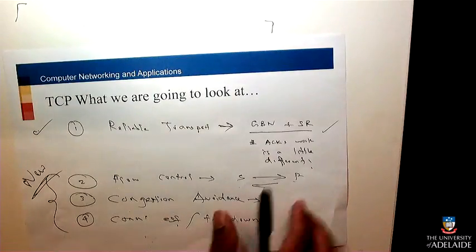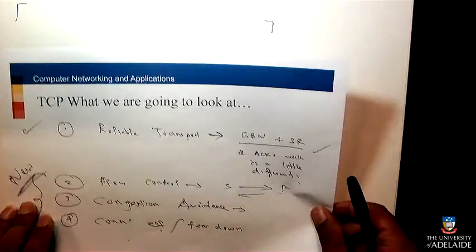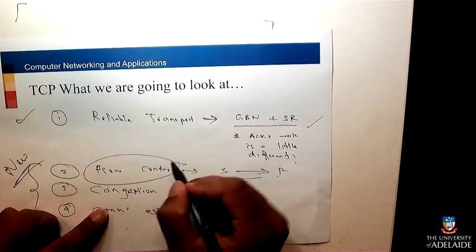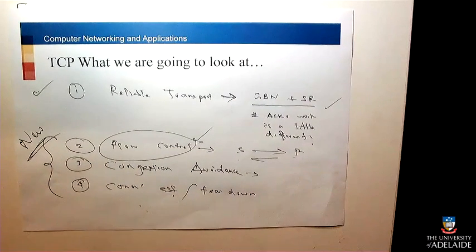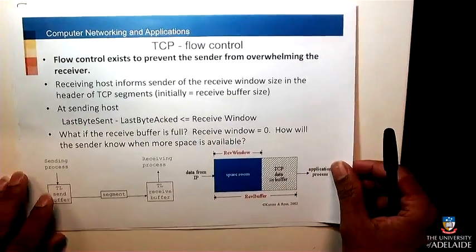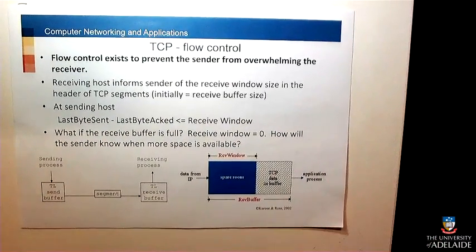The other thing that we talked about that TCP does is flow control. Okay. So why is flow control important? Because you don't want the sender to overwhelm the receiver, right? So how does it do that? It does that by the sending process.